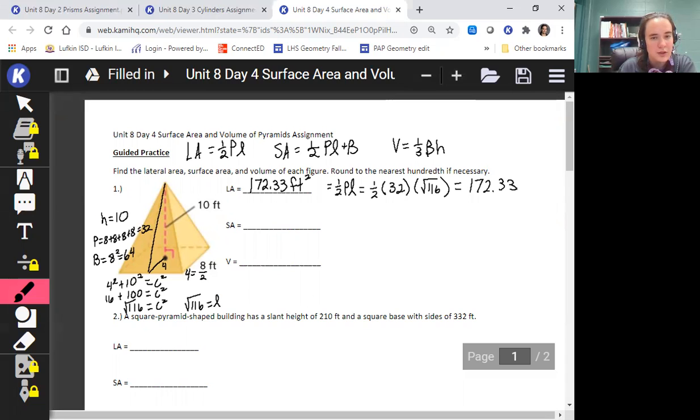Then we need to find our total surface area. So again, we're going to do 1/2 times the perimeter times the slant height plus the area of our base. So 1/2 times 32 times our slant height, which is the square root of 116, plus the area of our base, which is 64.